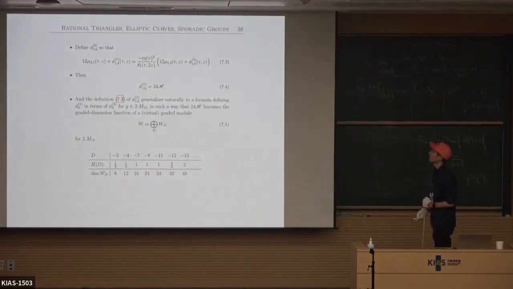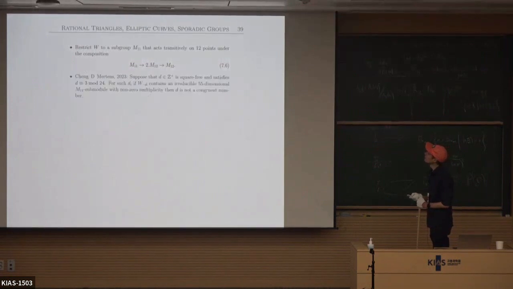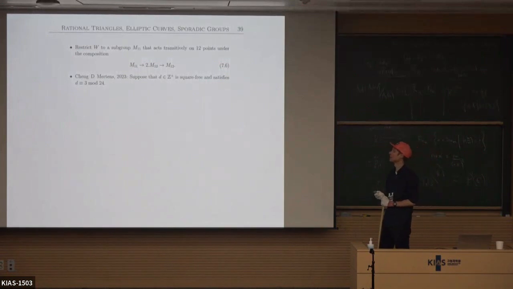Now, because of this, we can prove the following theorem. All right. So suppose D is a square-free positive integer that's congruent to 3 mod 24.